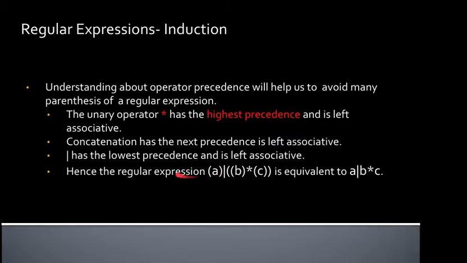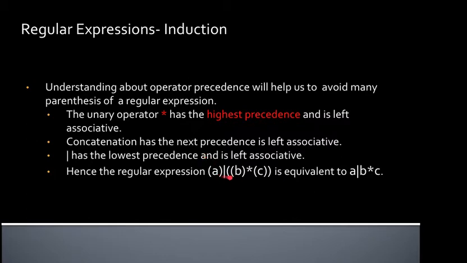Let us see this expression. A followed by B star, then C. We can see that here B star and C are enclosed further in another parenthesis. Here, even without parentheses, we can rewrite these expressions, because if we see this expression, we can see that it is formed as per these basic definitions.